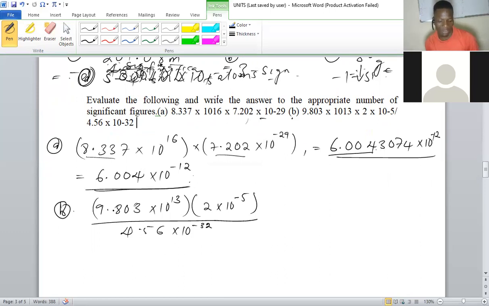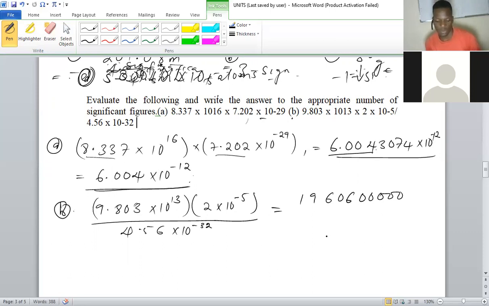So what do we have? We have 9.803 by 10 to the power 13, and then we're multiplying it by 2 by 10 to the power negative 5. So on top here we have 960600000, like that.